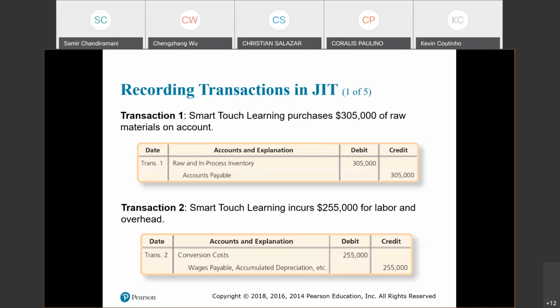So that's why we should credit wages payable or accumulated depreciation, depending on the nature of this transaction.